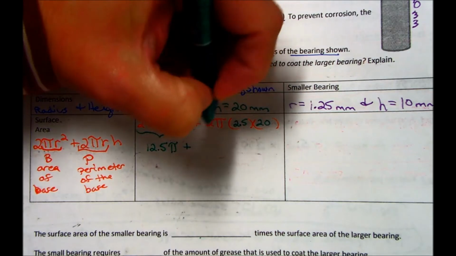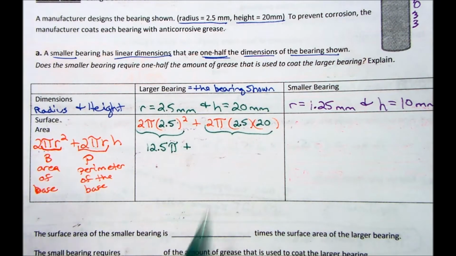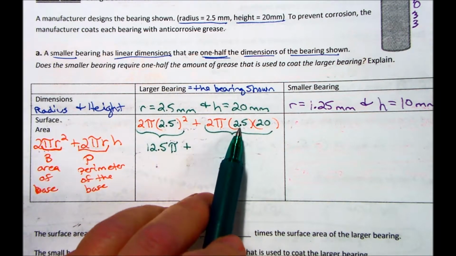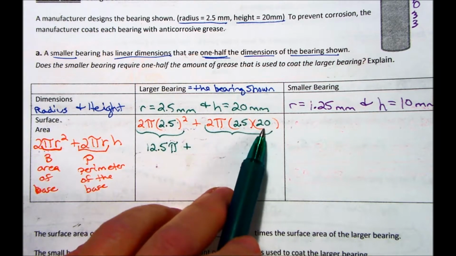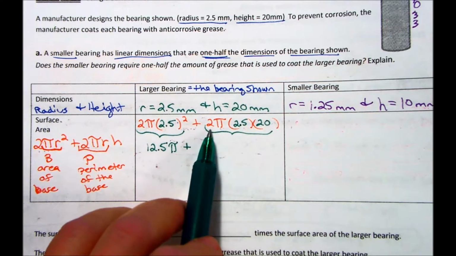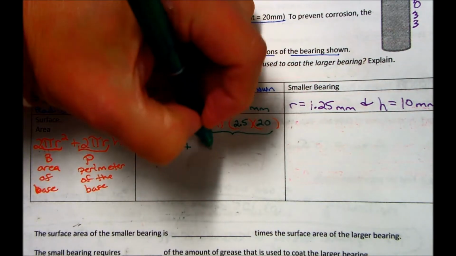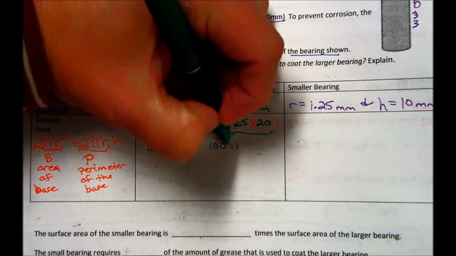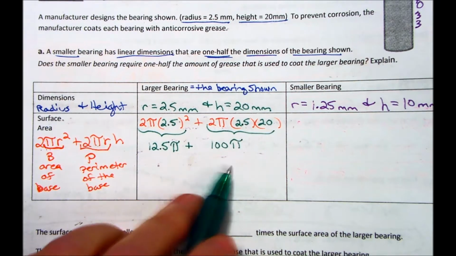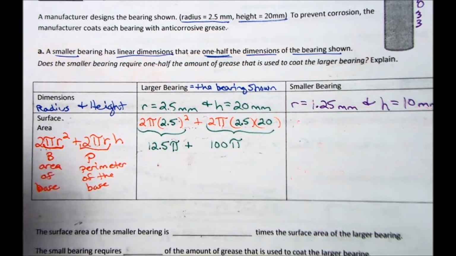And then over here, this expression, the 2 times the 2.5 times the 20 is going to be 100, because 2 times 2.5 is 5, and 5 times 20 is 100. And then the pi again. And now we can add these together because they're like terms. They both have a pi.